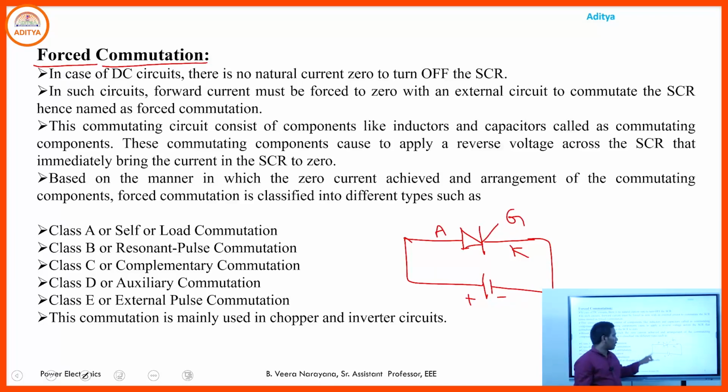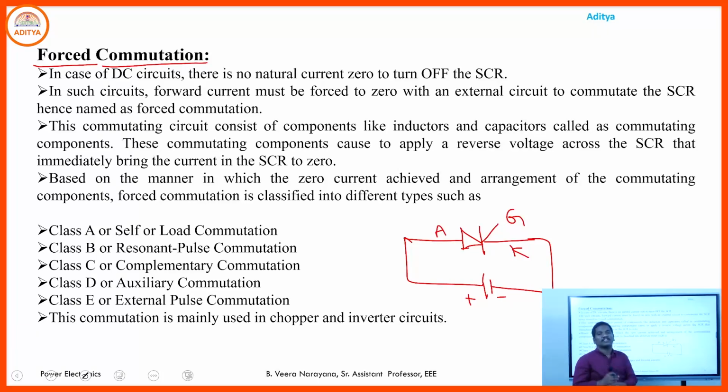When the anode is made positive with respect to the cathode, the SCR is in forward biasing mode. If you provide the gate signal, the SCR comes to the on state. Once the current flowing through the SCR crosses the latching current, the gate loses its control on the conduction of the SCR. So the SCR is continuously in the on state.